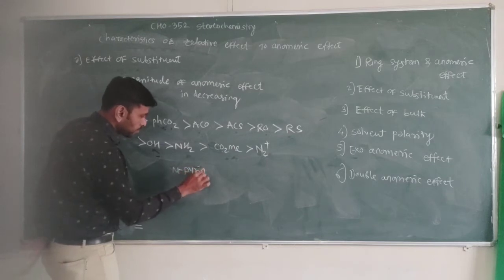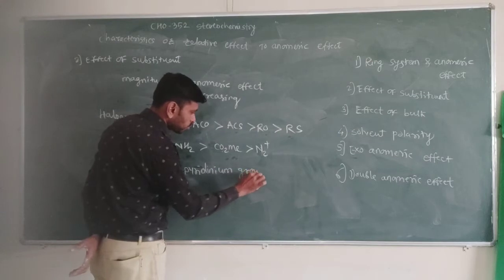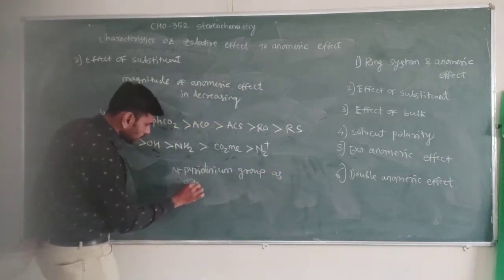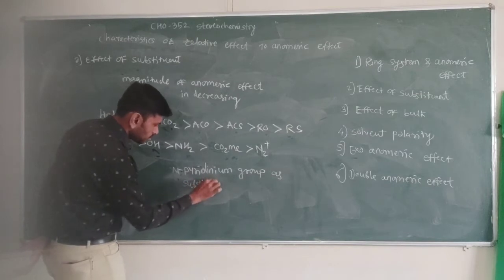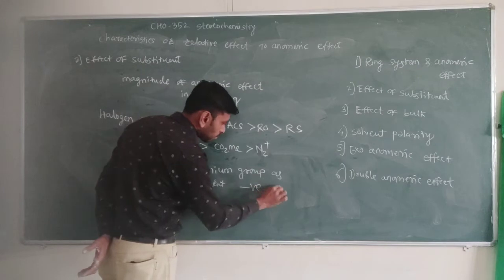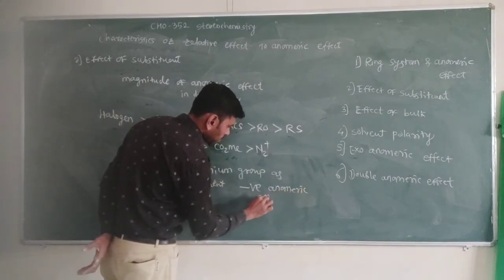If you observe, if there is an N-pyridinium group as a substituent, then there is a negative anomeric effect.